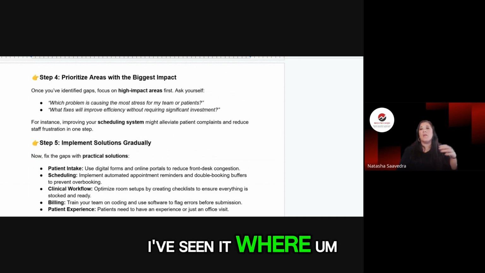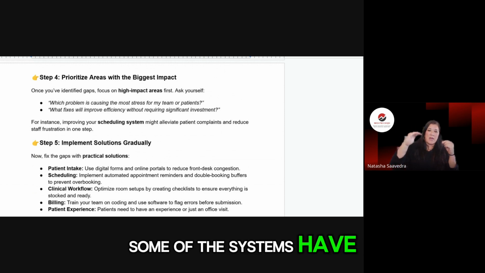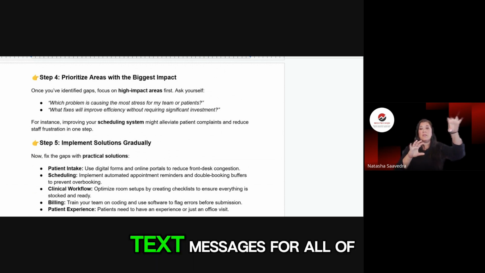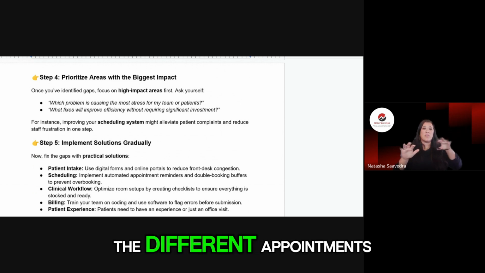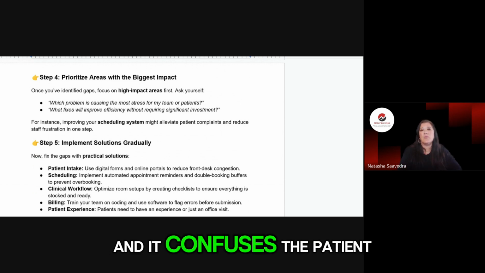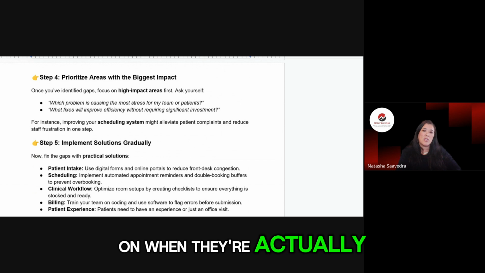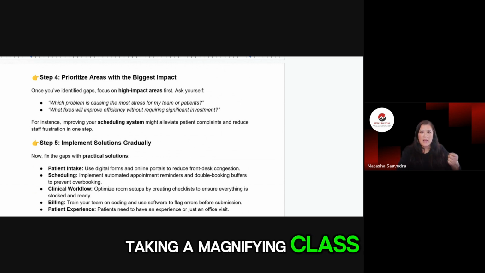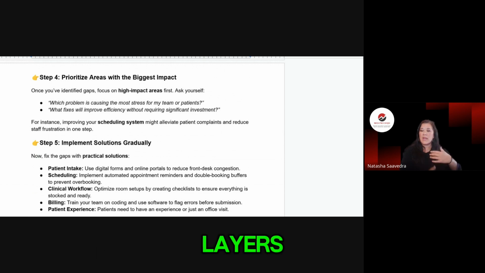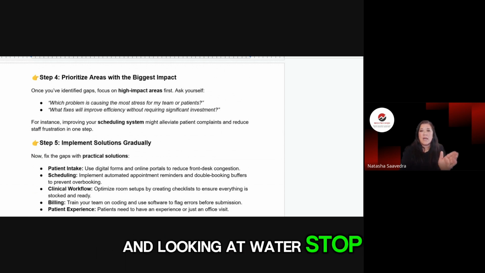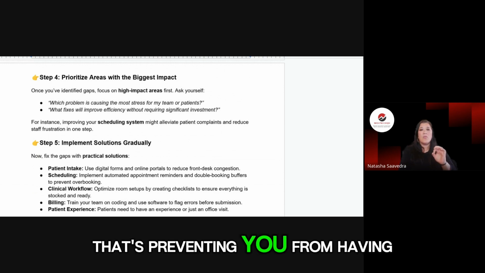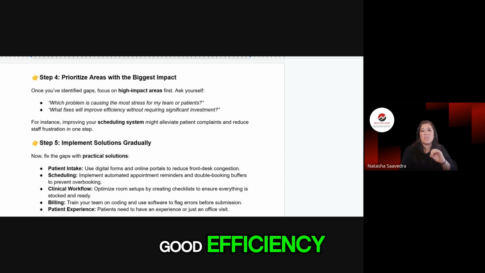I've seen it where some of the systems have multiple appointments, and so they're sending text messages for all of the different appointments, and it confuses the patient on when they're actually supposed to show up. So take a magnifying glass and really dig through the layers and look at what the stop gaps are in your workflow that are preventing you from having good efficiency.